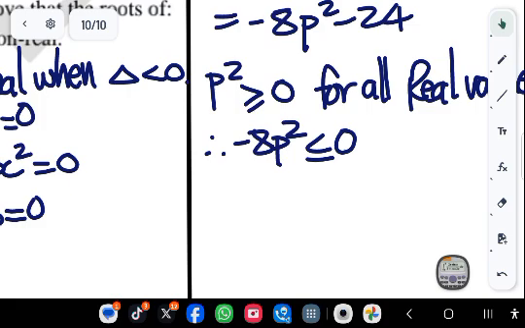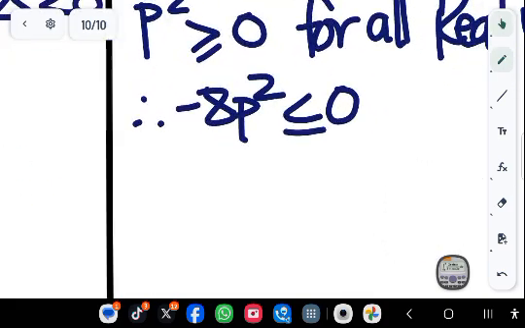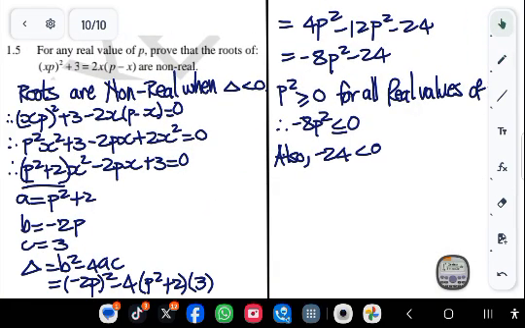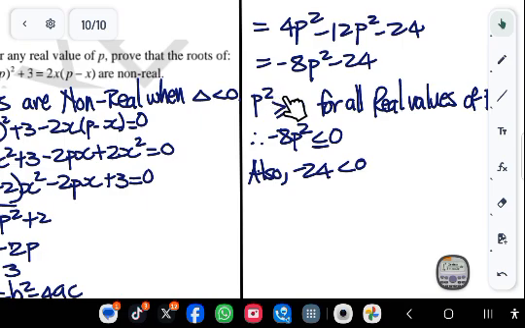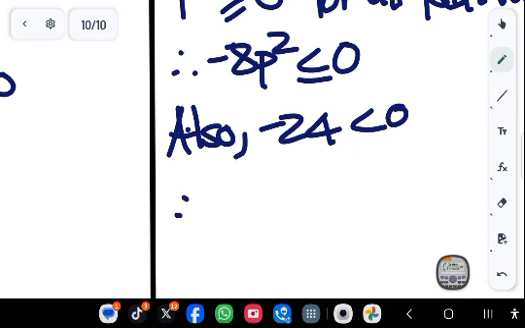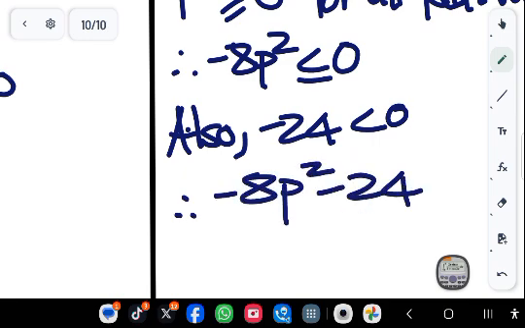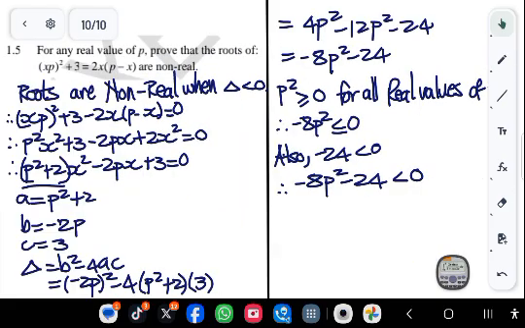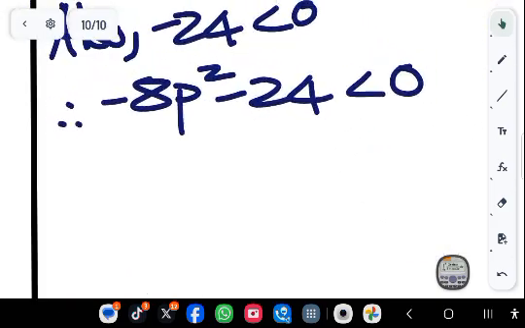If p is 0, then it will be 0. So negative 8p squared will always be negative or 0. And we also know that negative 24 is less than 0. Therefore negative 8p squared minus 24 will be less than 0, making it negative.